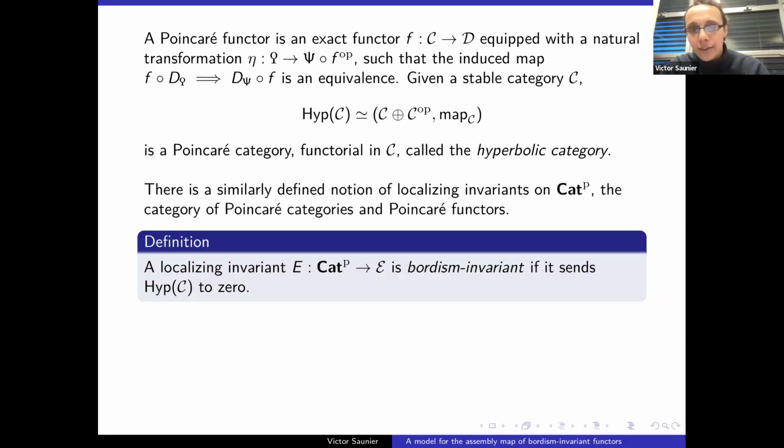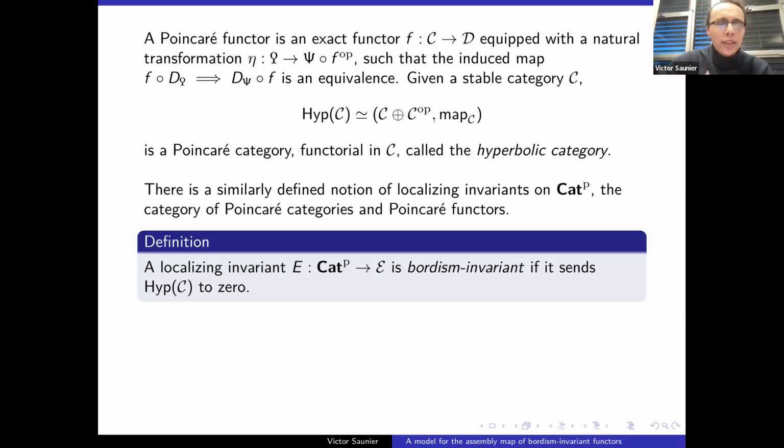And so there are two things that I have to explain to you. All of these organize into a category called cat P. There is a notion of localizing invariant on cat P, which is a very similar thing to what K-theory was. And there is an extra thing you can do now that you have access to this, which is in some sense being purely about the quadratic form, right? If I have a localizing invariant on cat P, because of those hyperbolic guys, I can understand it as having a behavior on stable categories and a behavior on kappa.